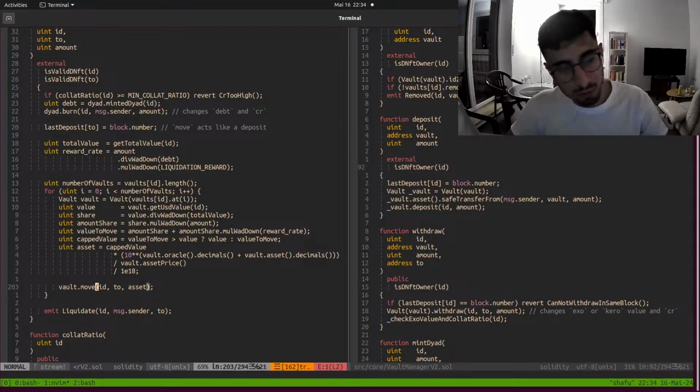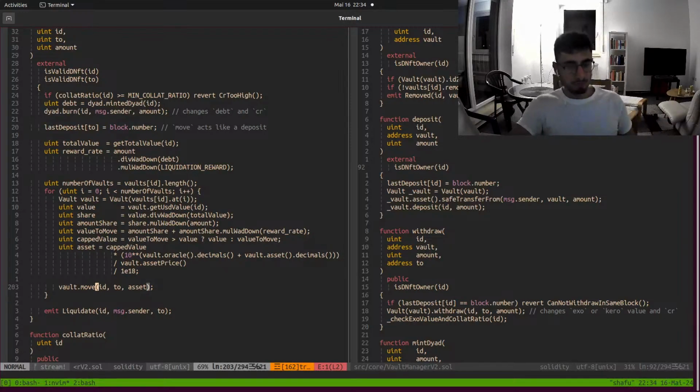So the move function moves collateral from one DNFT to another. And this is why we also need to do the flash loan protection here. So as the comment suggests, move acts like a deposit. So we do the same thing. So you cannot liquidate, withdraw in the same block, basically.